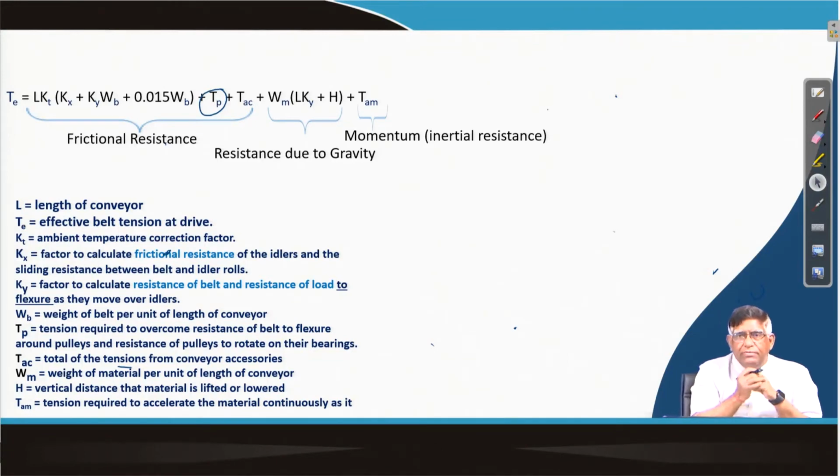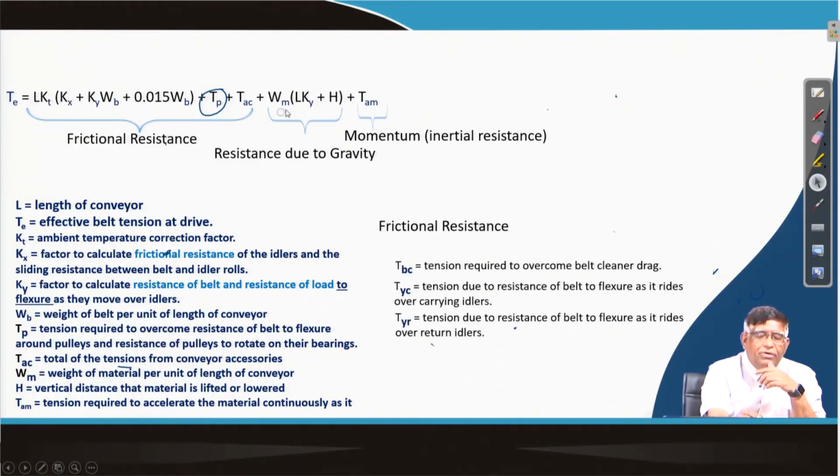The belt on the idlers gives its own weight, and the material coming in also gives its weight per unit length. Due to gravity we get this material weight, and this is the weight of the empty belt.